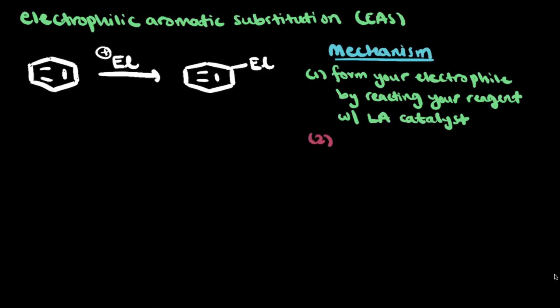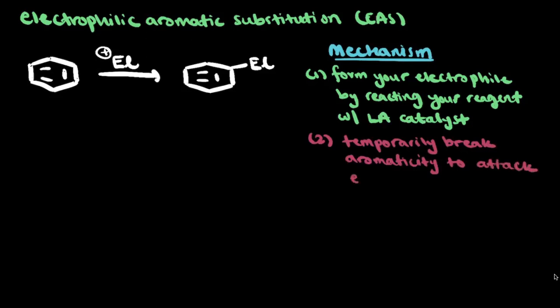would be to temporarily break aromaticity to attack your electrophile. Okay, that's where you end up with that cation intermediate in the middle of your electrophilic aromatic substitution mechanism.